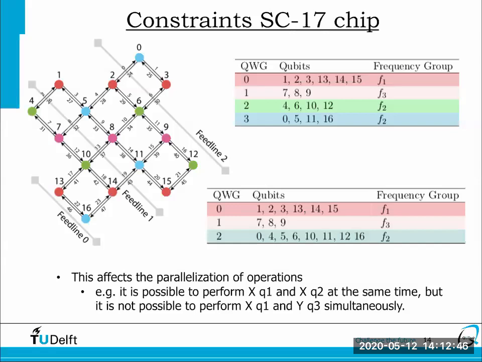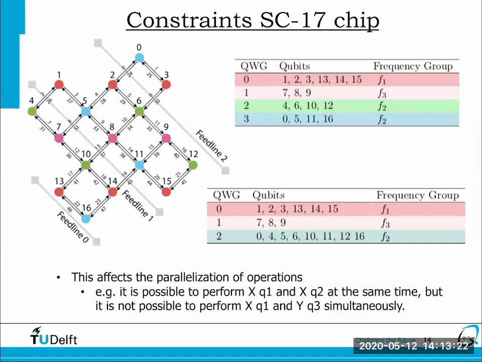In that case, for instance, it is possible to perform an X operation on qubit 1 and qubit 3 at the same time, but it's not possible, for instance, to perform an X operation on qubit 1 and a Y operation on qubit 3 at the same time. As you can see in this example, this limitation in frequencies and in sharing control electronics puts a limitation on what operations can be performed in parallel, and then we have to serialize those operations in your code.